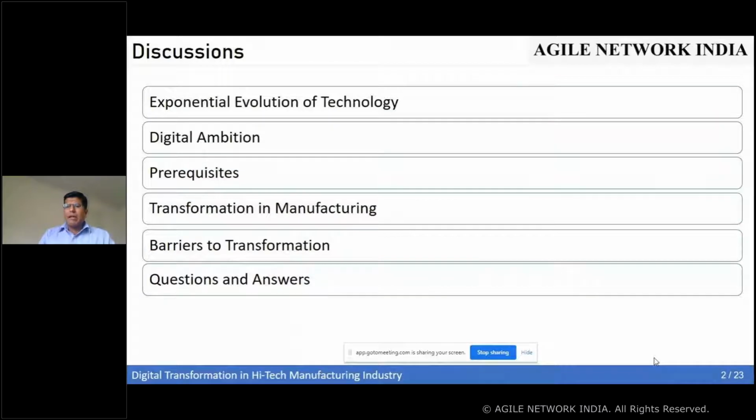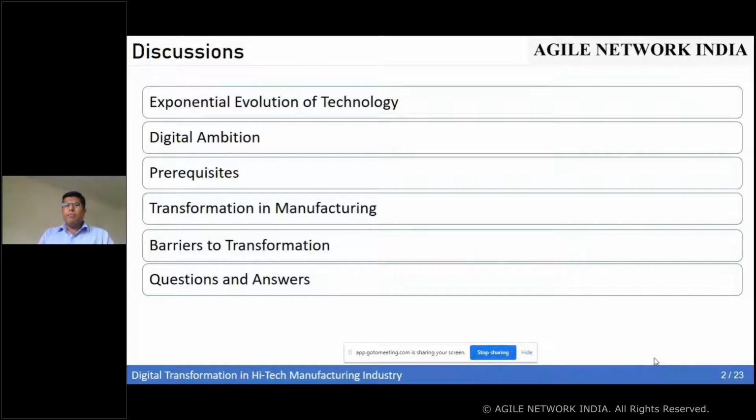We'll start with the why part of it. Many of us are engineers and we are great at figuring out the how, but it is important to know why we are doing it and what we need to do. So we will see the exponential evolution of technology and digital ambition slides.